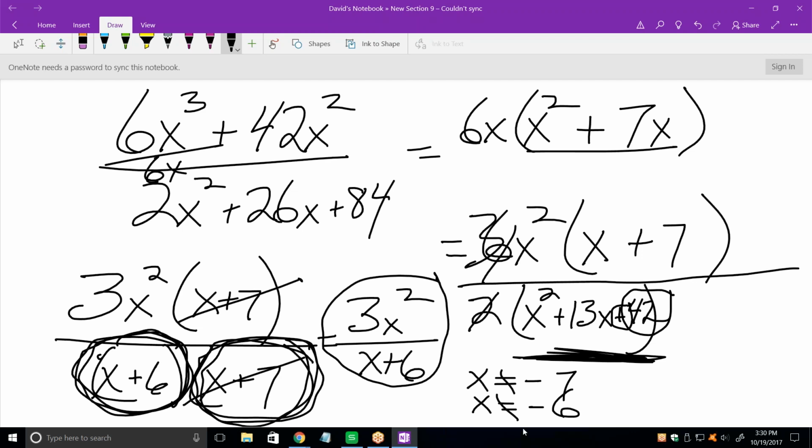Now, when you get to it, and you probably will, when you start talking about vertical asymptotes and holes, the x plus 6 is going to be a vertical asymptote. The x not equal to -7 is going to be a hole. And they actually have pretty important implications in how the graph looks.